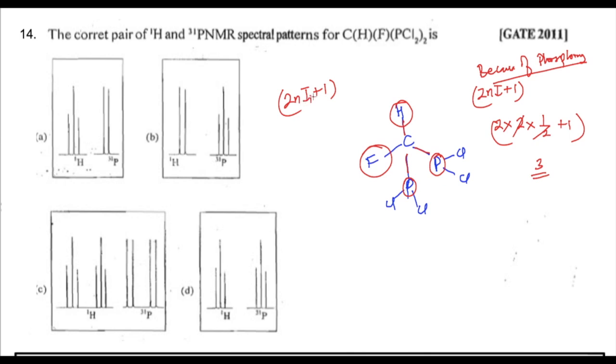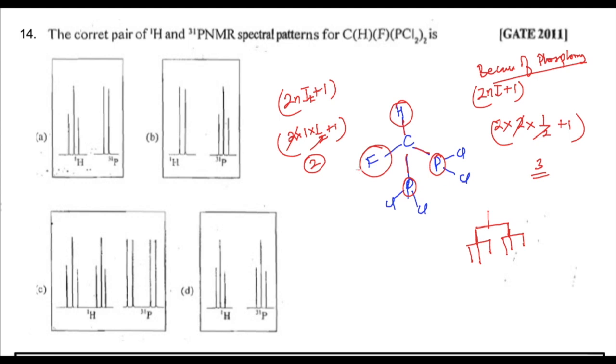There is one fluorine, so 2 into 1 into half plus 1, you are going to get a doublet. So basically one line of your hydrogen is going to split into 2 because of this fluorine, and then these lines are going to split into 3 because of phosphorus. So this is called a doublet of triplets, and that's what you will get.